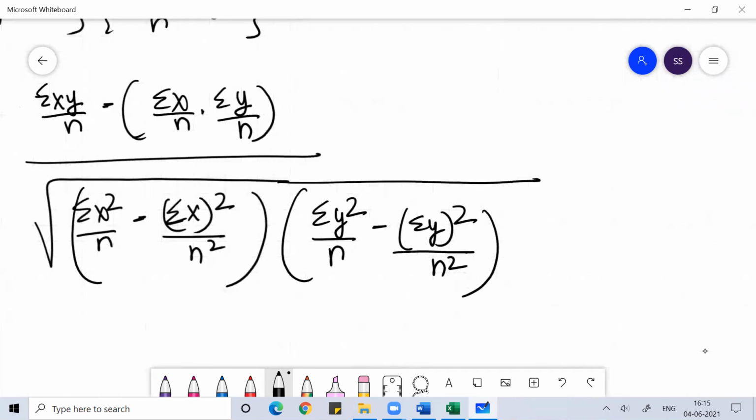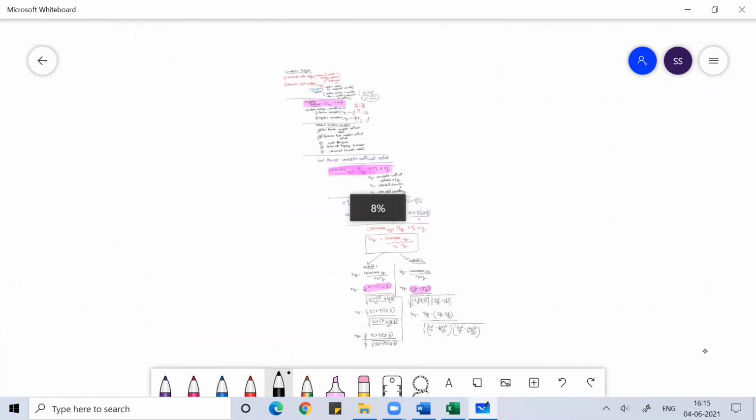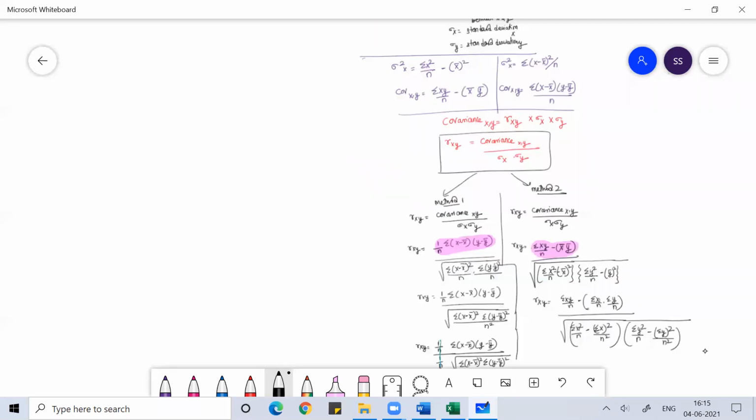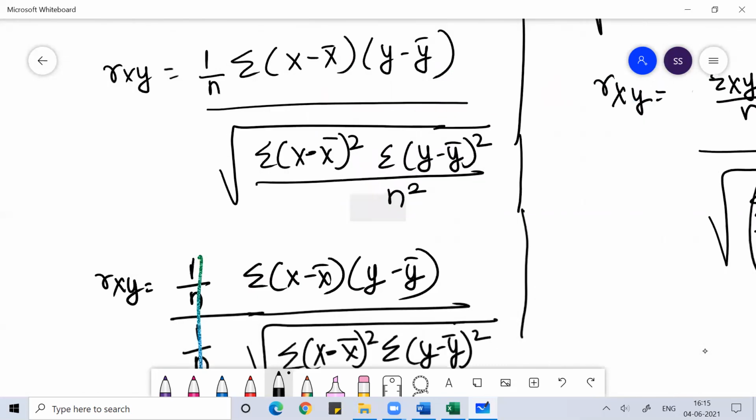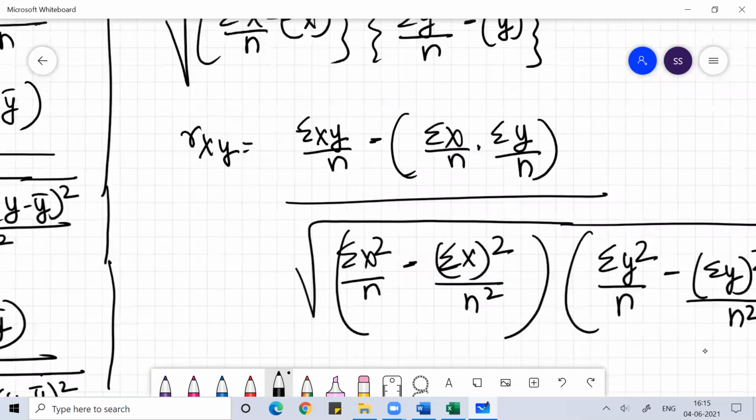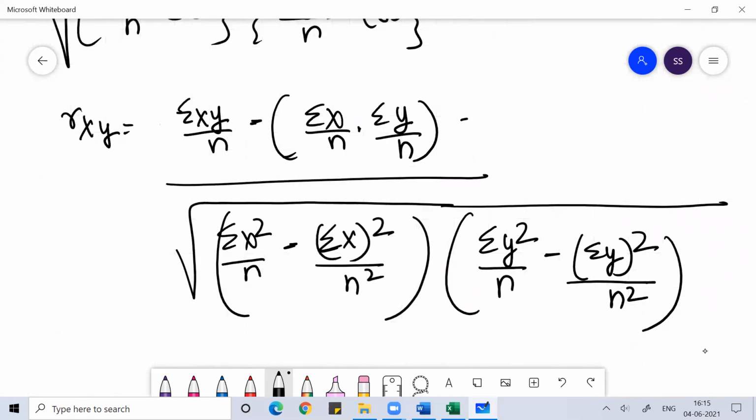So this will be equal to this, which I can write as summation of xy by n minus sum of x into sum of y by n square.